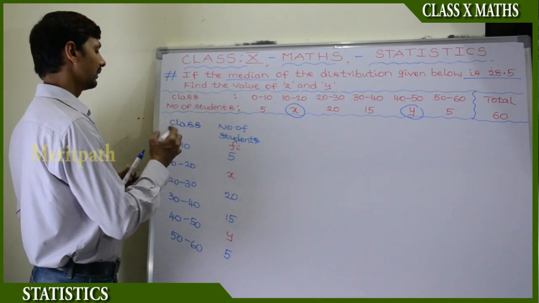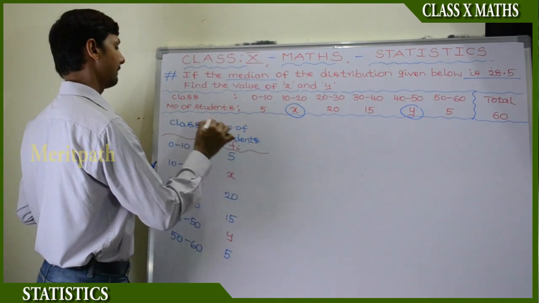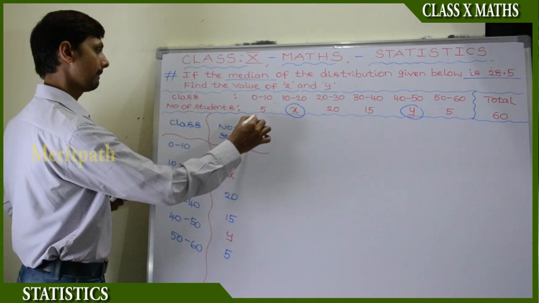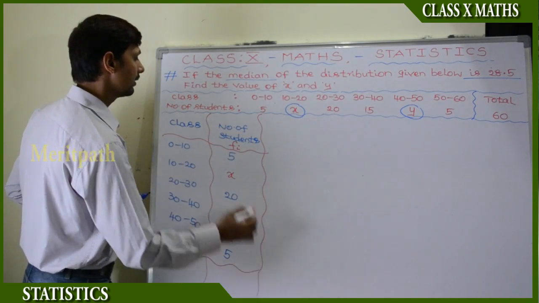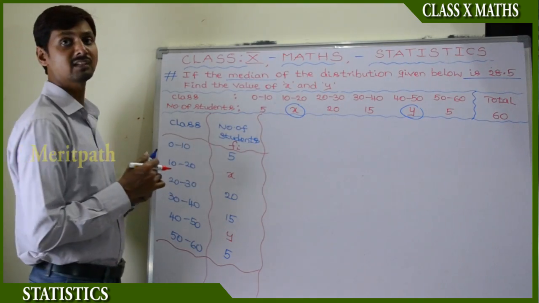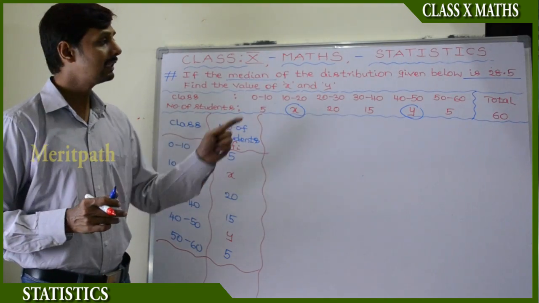Here the first column is the class and the frequency is the number of students.